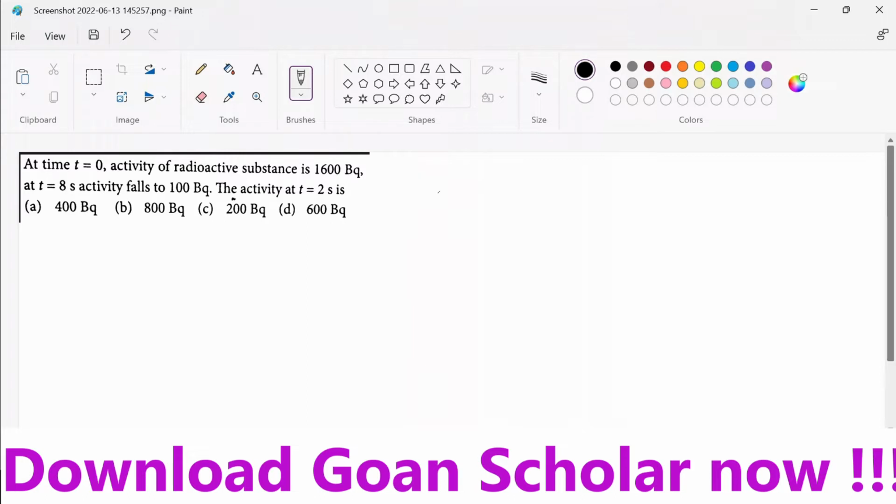So first thing, always remember the activity. Let me write the activity for any radioactive substance at any time t: R equals R naught into half to the power t divided by the half-life of that substance, t half.